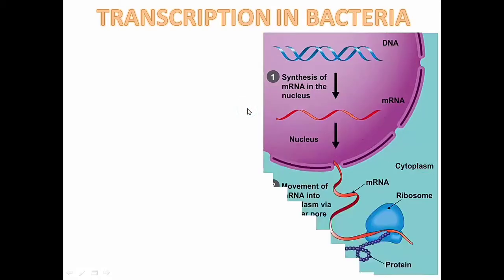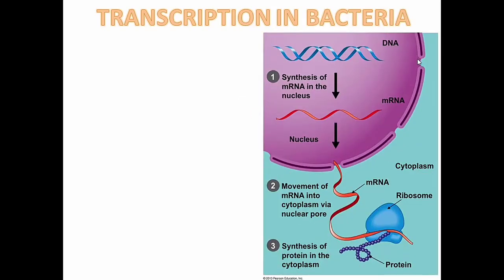Transcription in bacteria is different from eukaryotes. In eukaryotes, there is a separate compartment called the nucleus. The genetic material DNA is separated from other organelles by the nuclear membrane. Transcription takes place in the nucleoplasm.